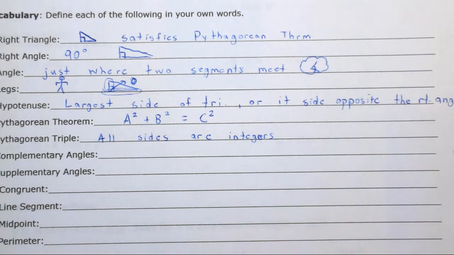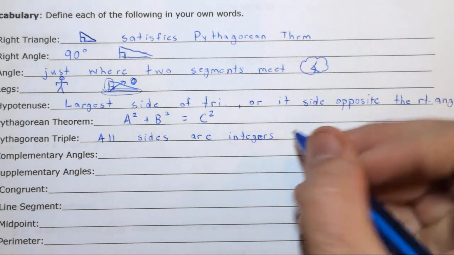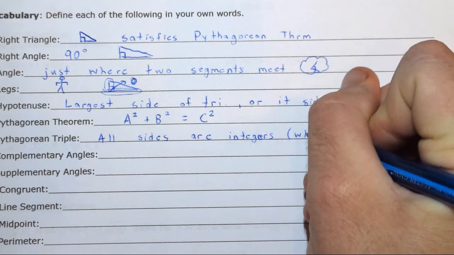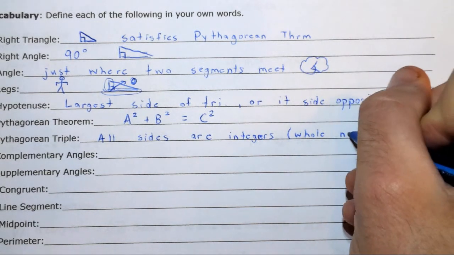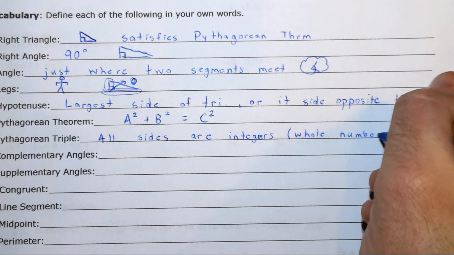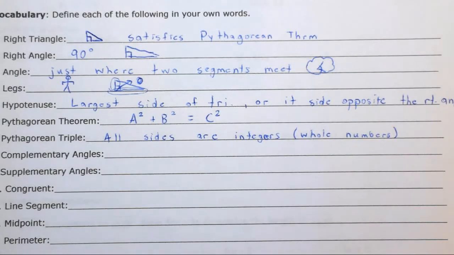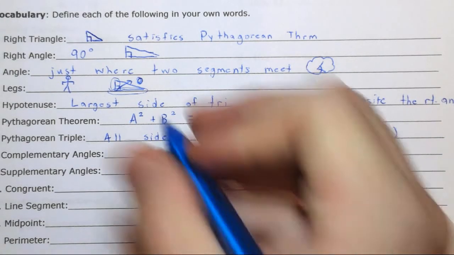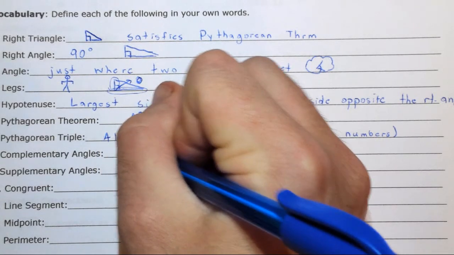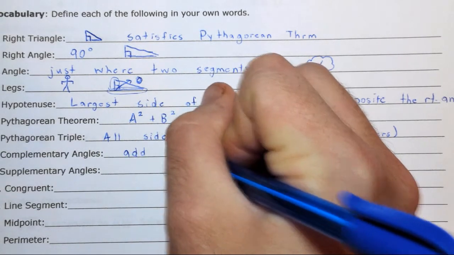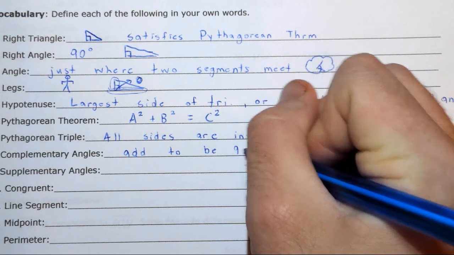Math! All sides are integers, which just means whole numbers. Complementary angles. Complementary angles add to be 90 degrees.